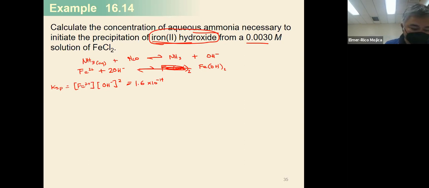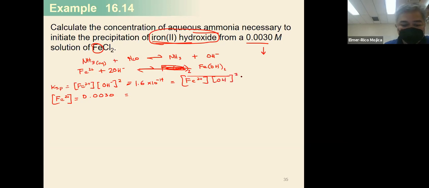So what is given here? You're given the concentration of Fe2+. So if you're going to look at this, it will dissociate to give you the same amount of Fe2+. If you're going to rearrange this one, you have Fe2+ times OH- squared.